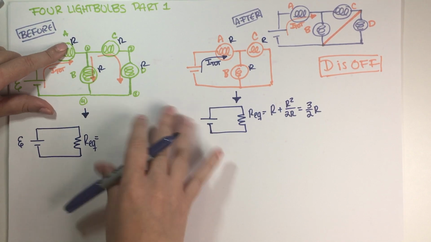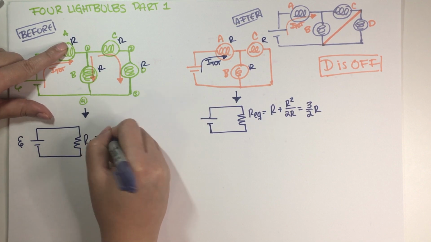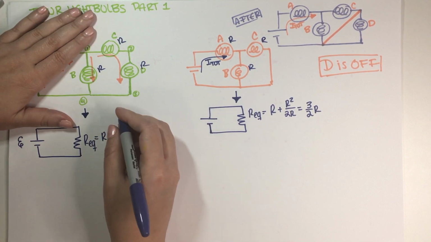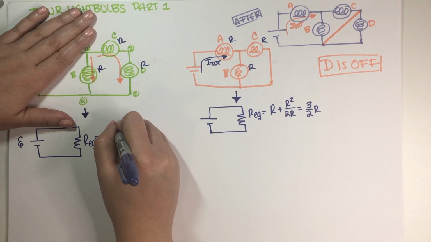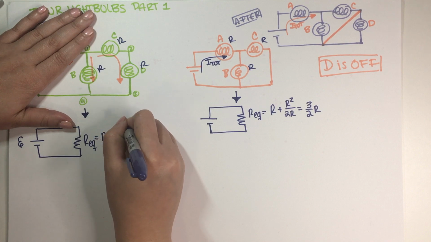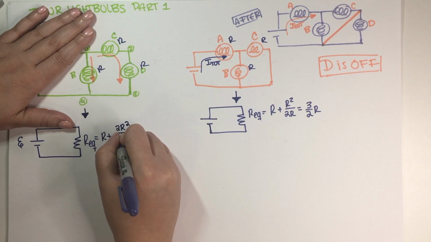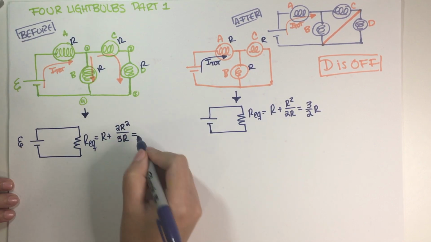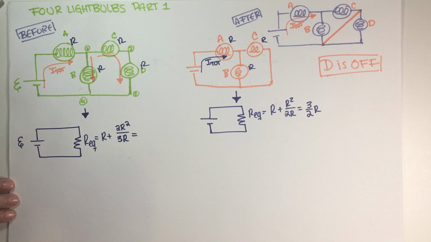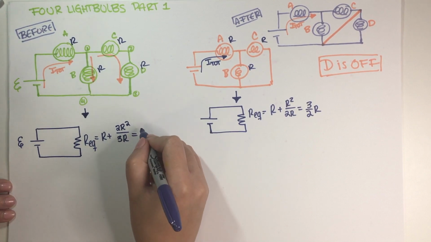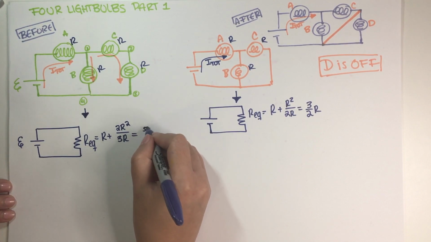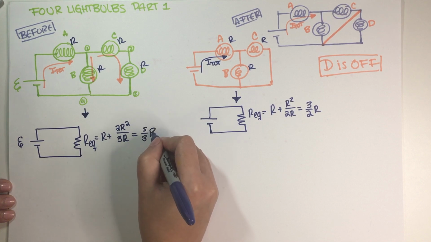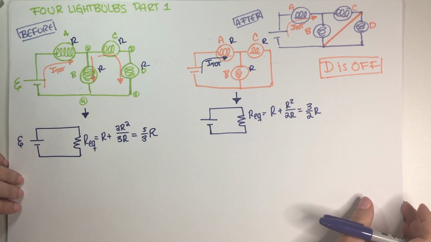So this is equal to R plus 2R squared over 3R, so this is equal to 5/3 of R, like this.